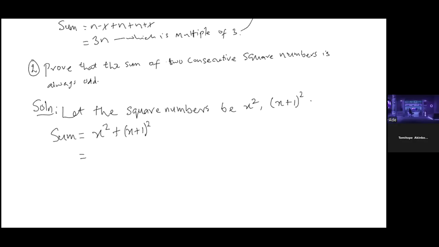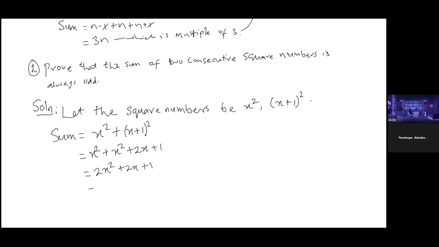So s squared plus, if you open this bracket by expansion, it gives s squared plus 2s plus 1. Collect like terms where necessary. You have 2 s squared plus 2s plus 1.